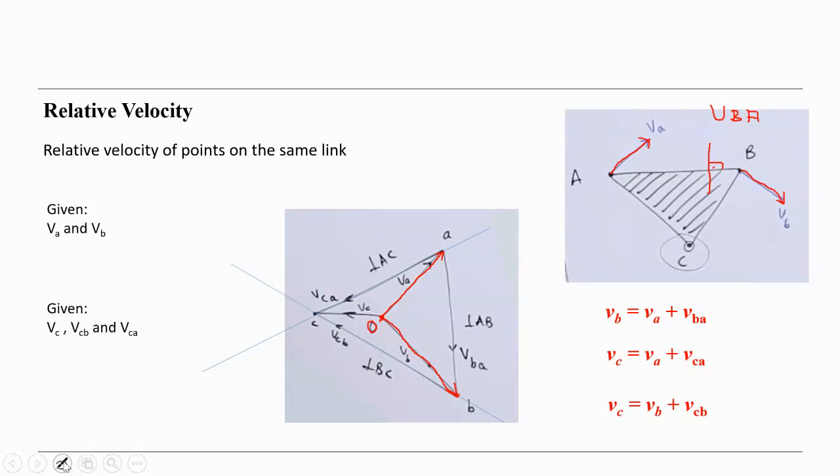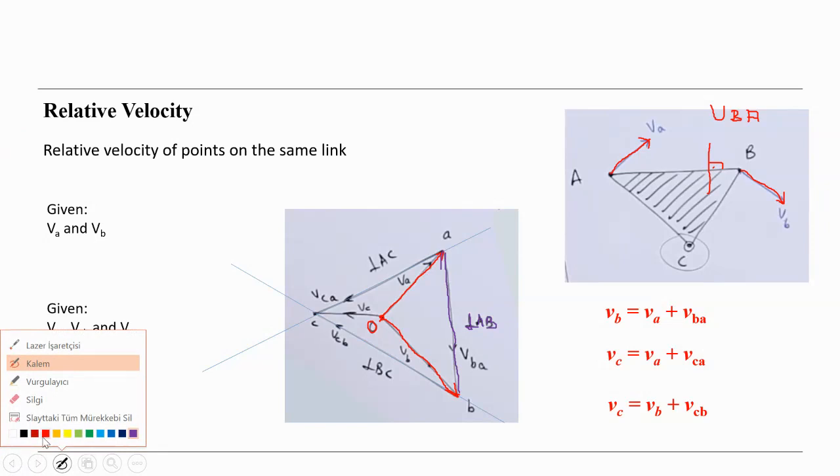Let's use another color here. So let's use this one. This is the line here, perpendicular to AB. So perpendicular. Then we have the polygon here, the vector triangle.